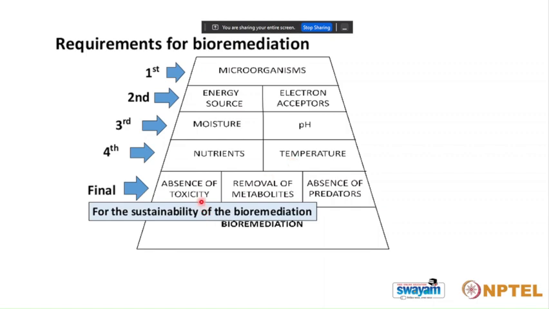And finally, there shouldn't be any toxic substances to inhibit the microbial activity, and there should not be any predators which inhibit the microbial activity. These are the basic requirements needed to carry out the bioremediation process.